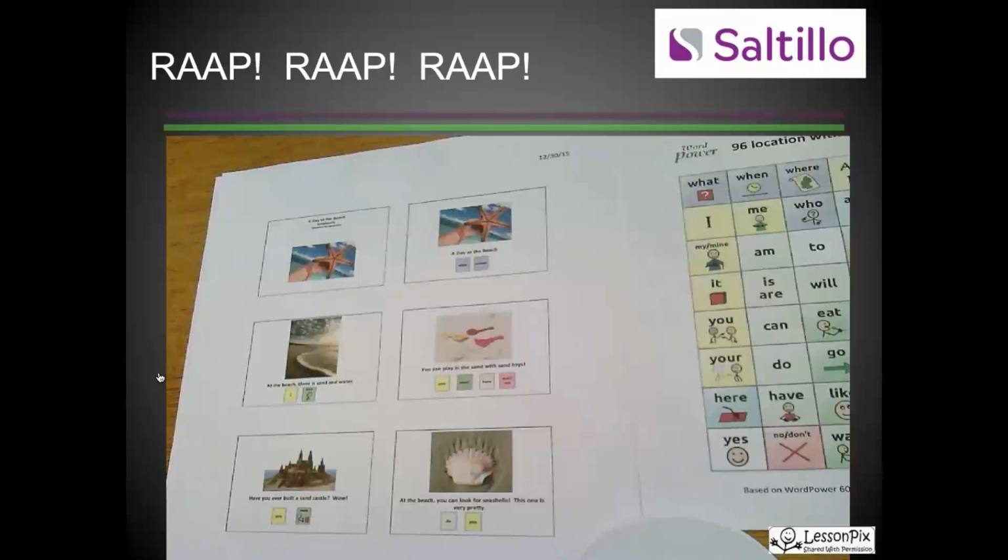When we are providing therapy services or trying to teach individuals how to become a more active, initiating communicator, we want to fade out our prompts in a systematic way so that it's not an all or nothing type of situation.